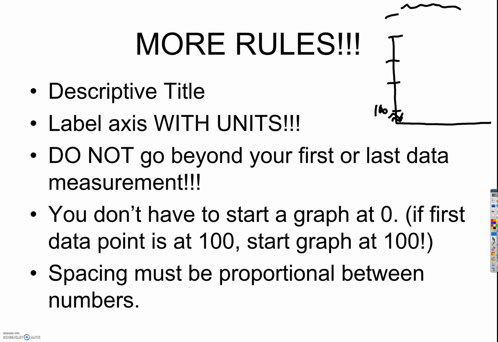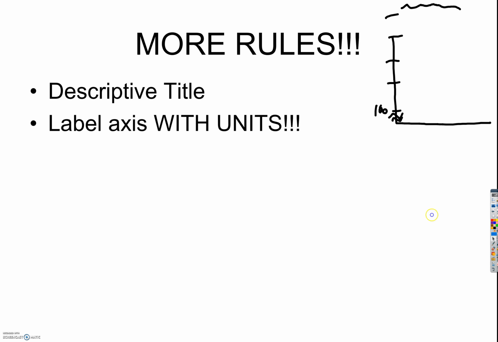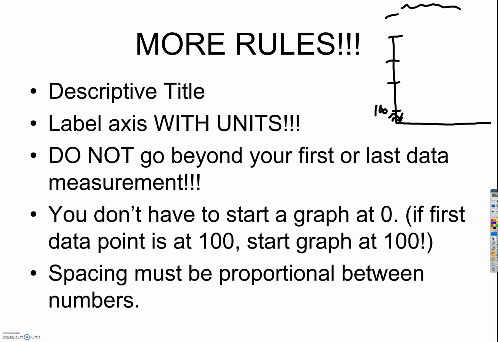And last but not least, spacing on your graph has to be proportional. What I mean by that is, I don't mean that if you do hundreds here, you have to do hundreds on the other axis too. On the two axes, this one might go by hundreds, and this one might go by ones.